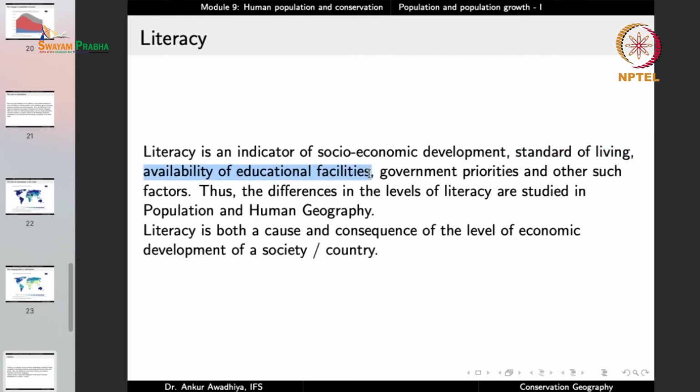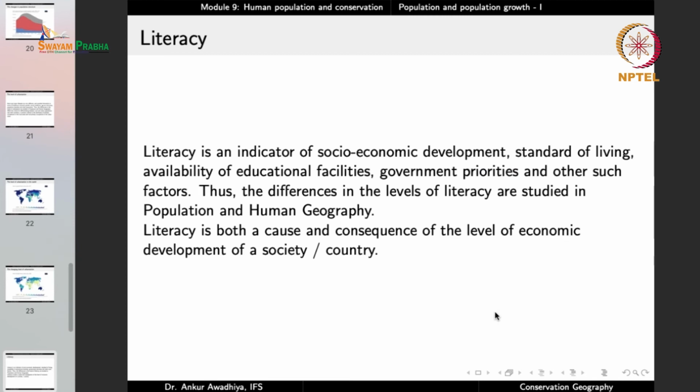Availability of educational facilities. You cannot have literacy if you do not have schools or other modes of imparting literacy. So it is also an indicator of the availability of educational facilities. It is an indicator of government priorities. What does the government want? And other such factors. And the levels of literacy are also studied in population and human geography.